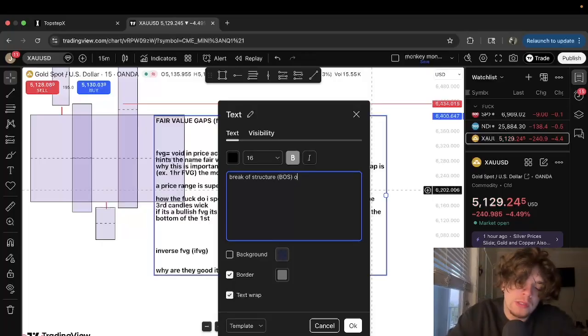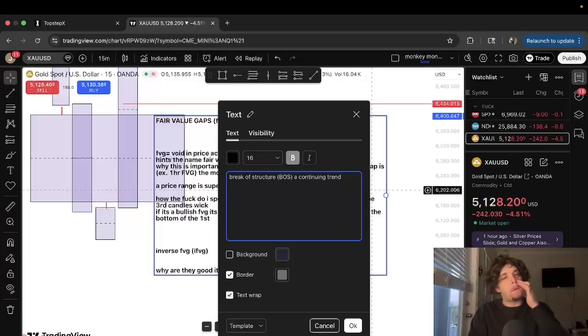Breaker structure is when a continuing trend, I guess I say it like this, gets rejected.